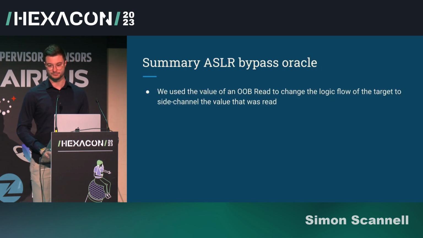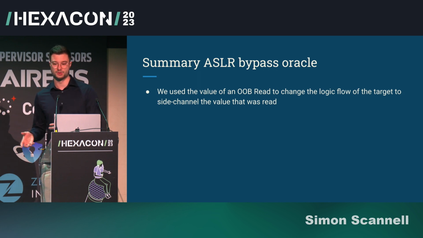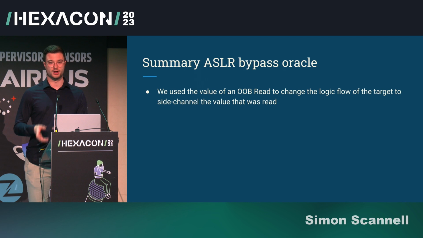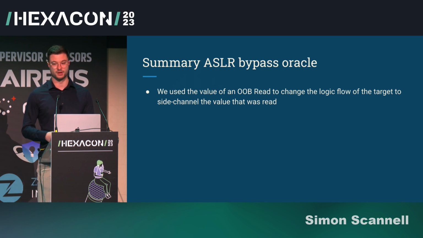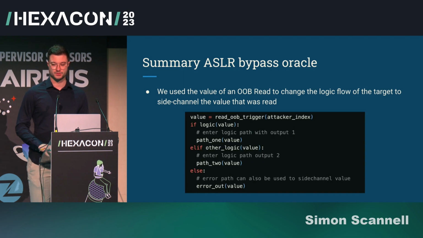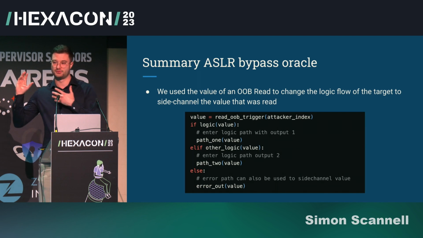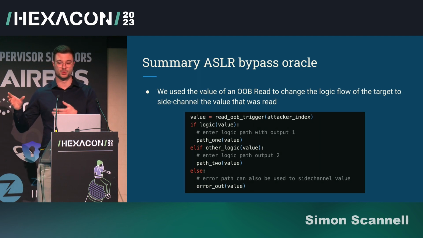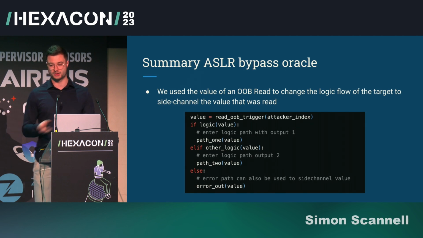So just to summarize the ASLR bypass oracle, we use the value of an out-of-bounds read to change the logic flow of the target to side channel the value that was being read. So to put this into pseudocode, just to convey this concept a little bit more, we have some kind of out-of-bounds trigger where a value is read out of bounds.